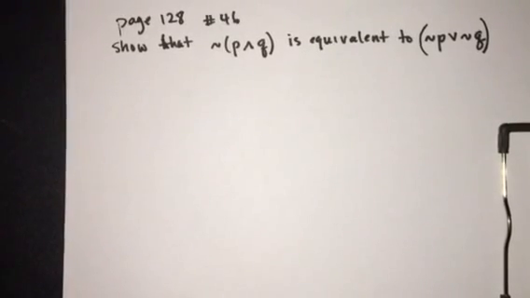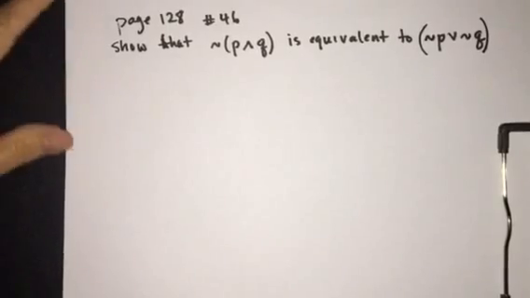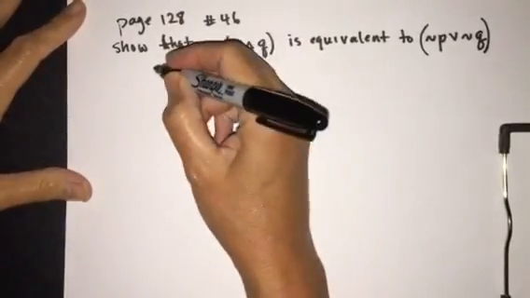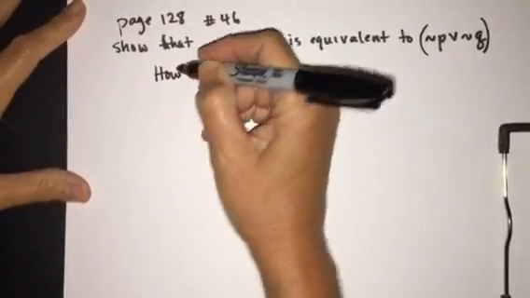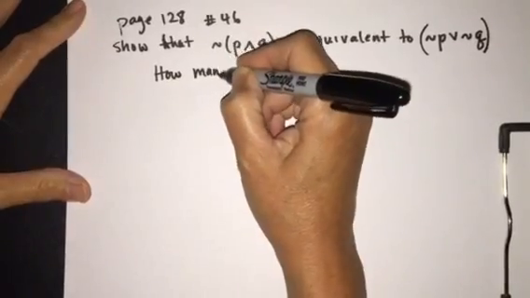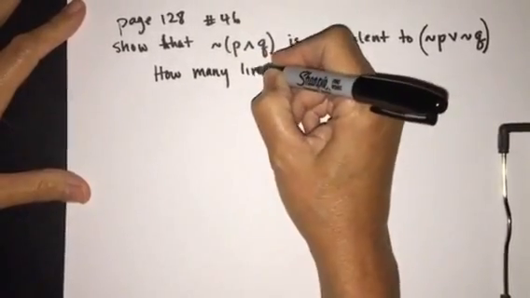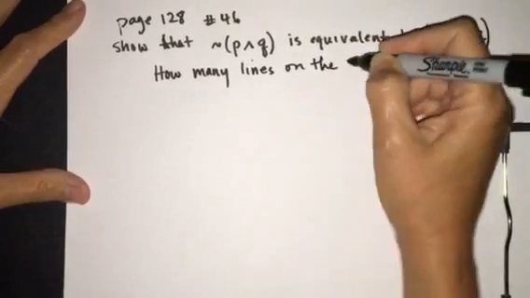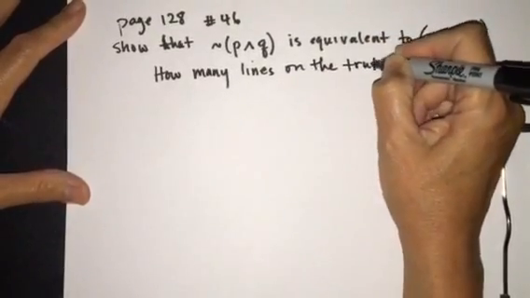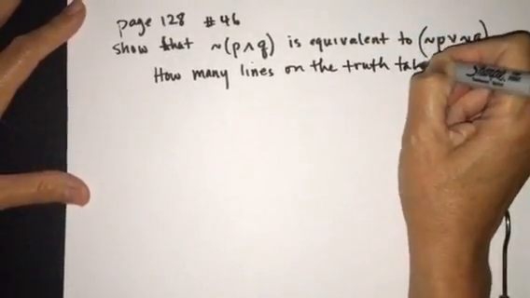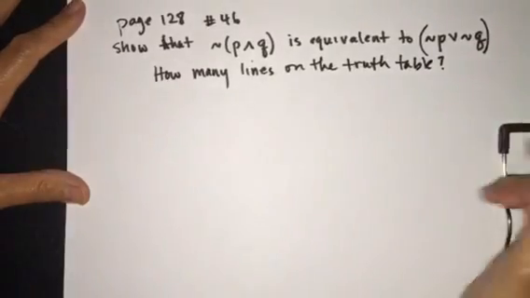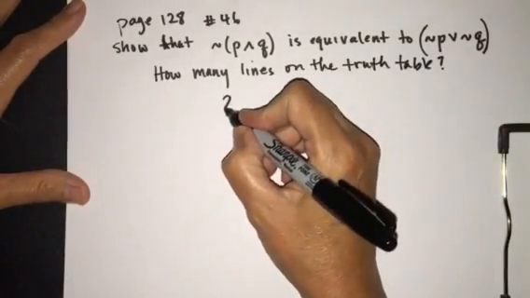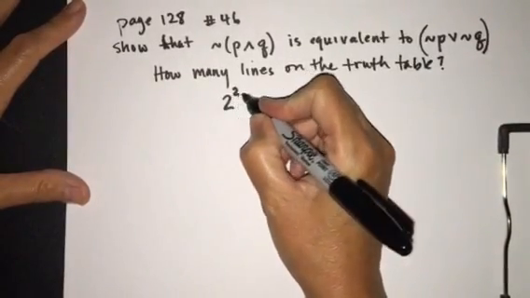This one has two statements, P and Q, so that's going to be 4 lines. In fact, let me write out how many lines on the truth table. I'll put a question mark: 2 to the power 2.